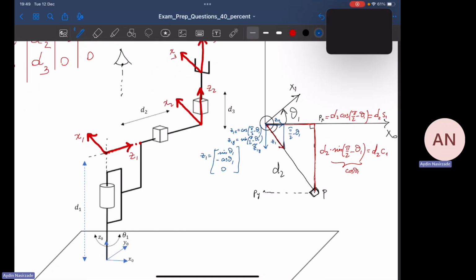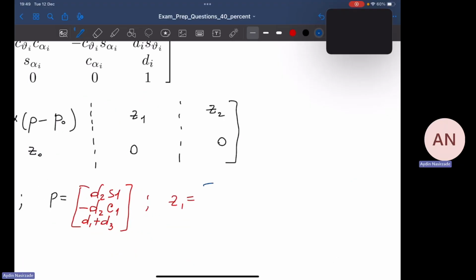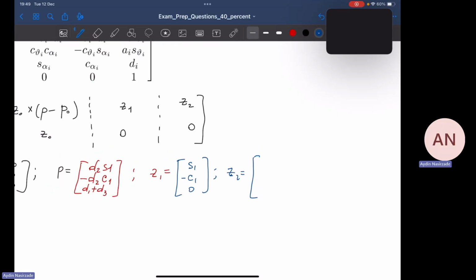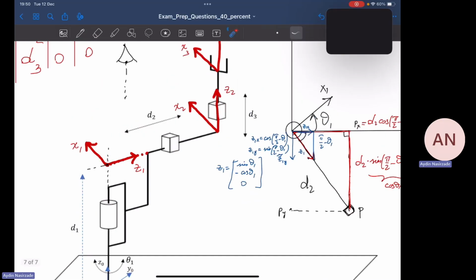Now let's move on to the next axis. So this is Z1: C1 sine 1, minus C1, and 0. What about Z2? Z2 is right here, right?